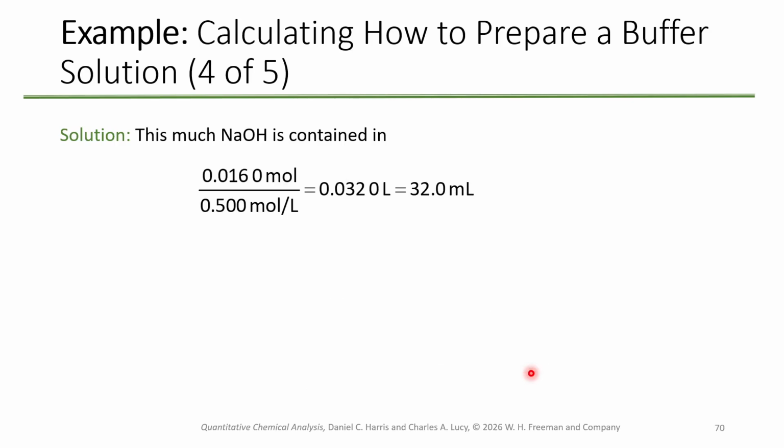And so all we need to do now is take that number of moles and solve out for the number of milliliters from it. So we take that number of moles, that's the number of moles of NaOH we need, we divide it by the concentration of the NaOH. And that's going to give us our liters. We convert that to milliliters, and that's how much NaOH we have to add now. Okay? Okay, did I lose anybody?